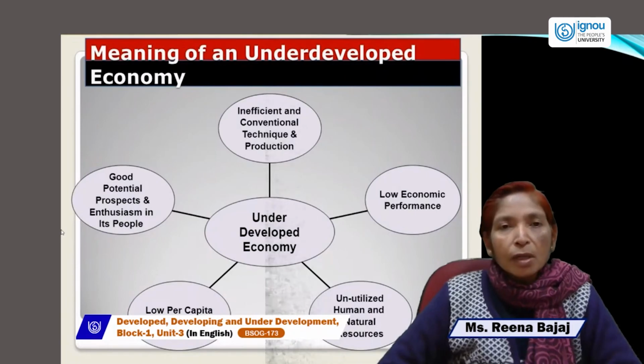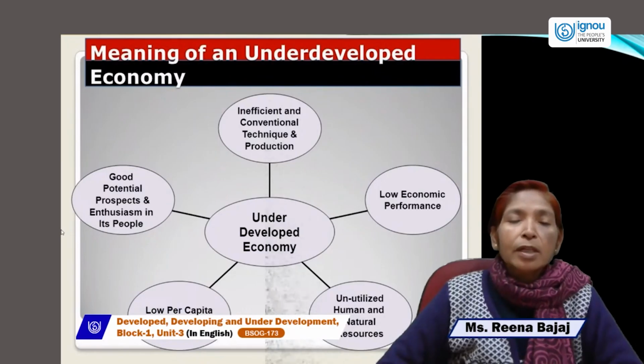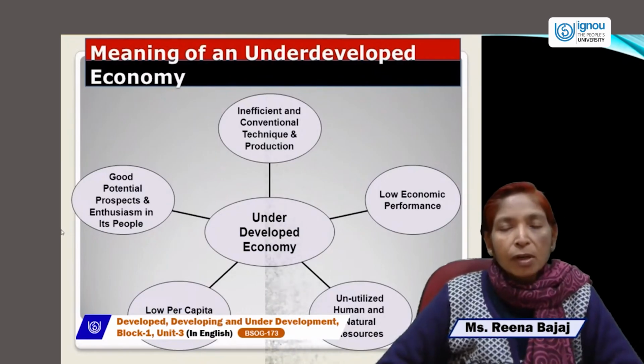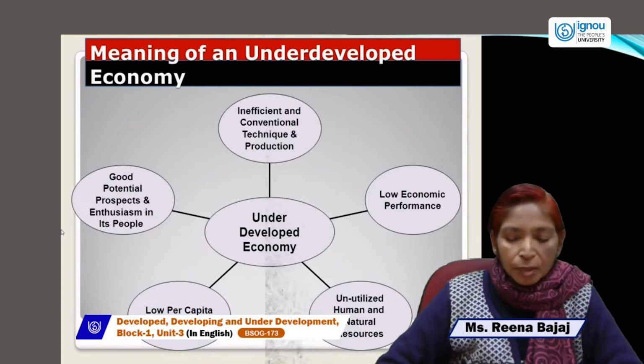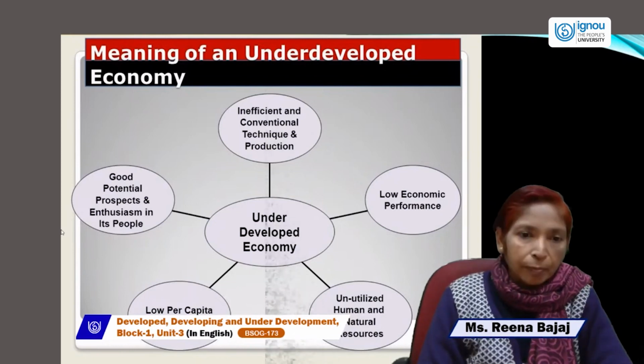If we remove all the hurdles and obstacles from these economies, then an underdeveloped economy can grow and reach the position of developed or developing economies. So this is the meaning of an underdeveloped economy.